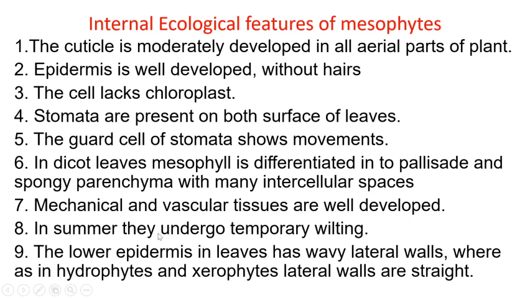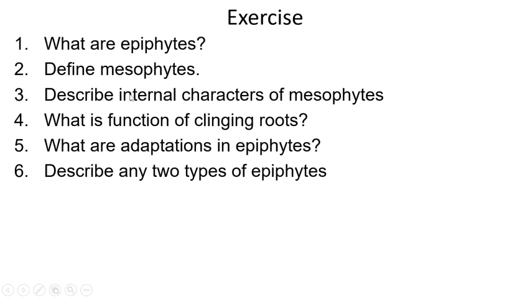In summer, they undergo temporary wilting because of high temperature. The lower epidermis in leaves has wavy lateral walls, whereas in hydrophytes and xerophytes, lateral walls are straight. Now these are the internal features of the mesophytic plant.